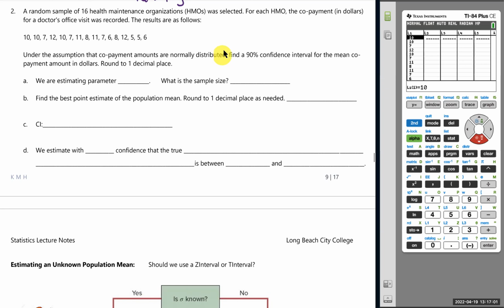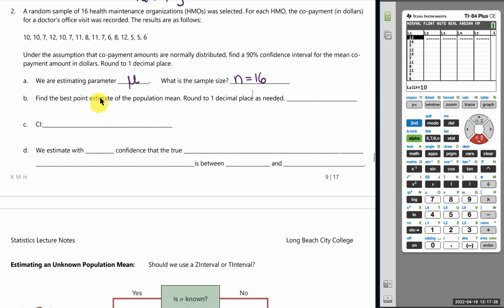We want to find a 90% confidence interval for the mean copayment amount in dollars. So we are estimating a mean. That is going to change soon. I know that's all we've been doing so far, but for now, we are still estimating means. Our sample size, lowercase n, is 16.